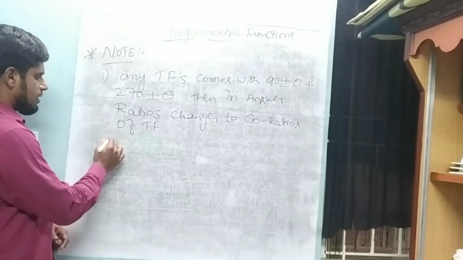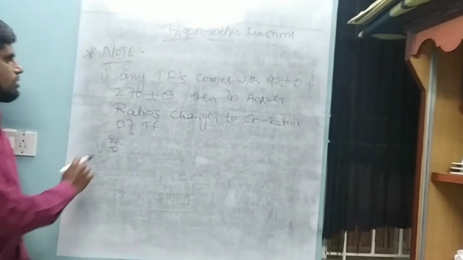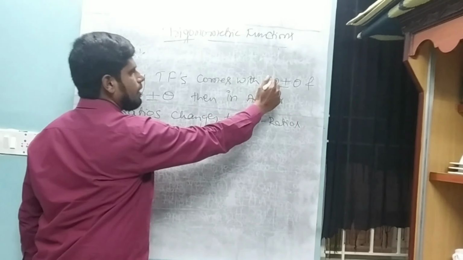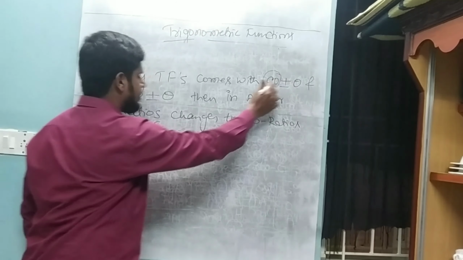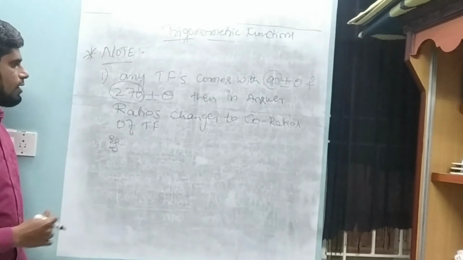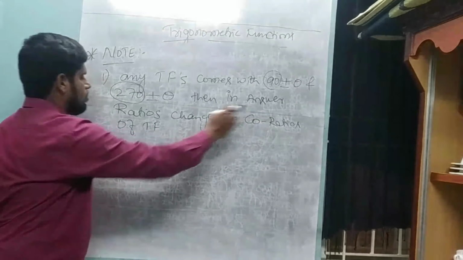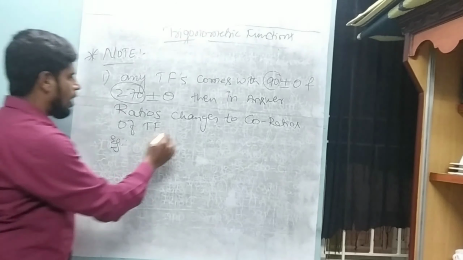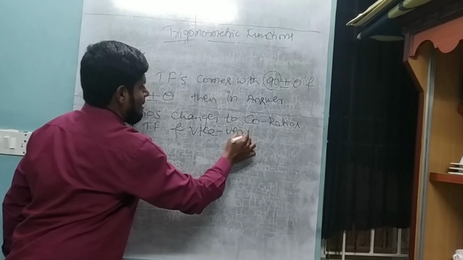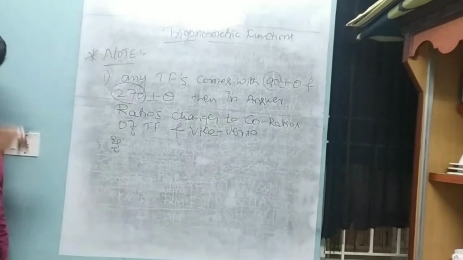That is the example. What does this note say? Let's study in detail. So student, this note says that any trigonometric function that comes with 90 either plus or minus theta, or 270 plus or minus theta, then the trigonometric ratios change to co-ratios of the trigonometric function, and it is vice versa. Vice versa means if co-ratios are there, then they automatically change to ratios.